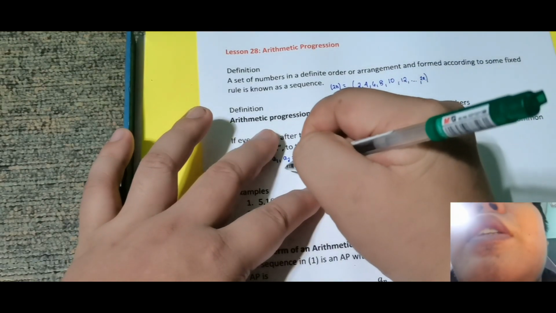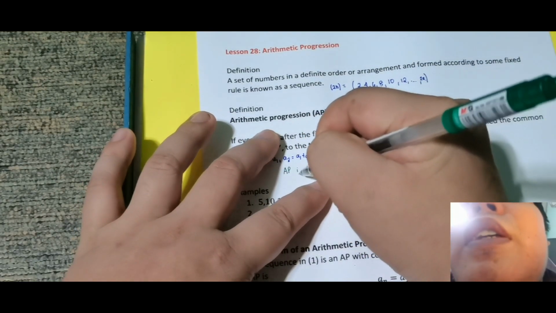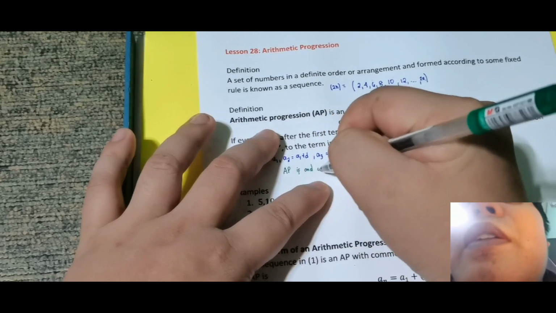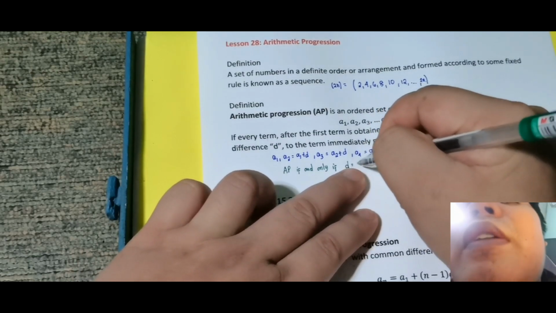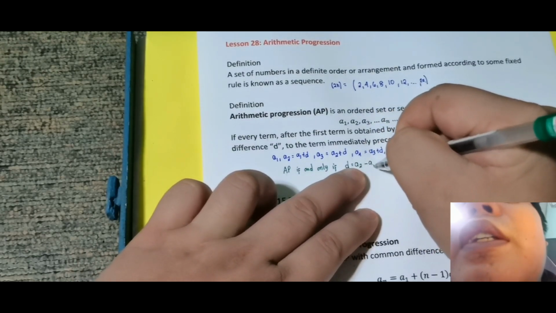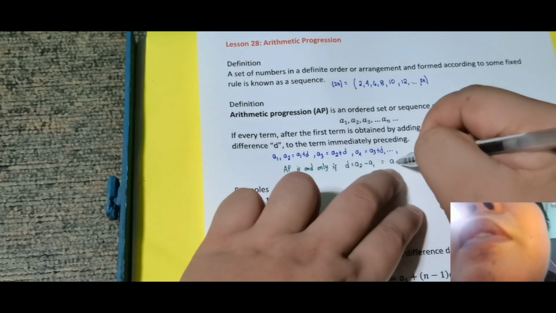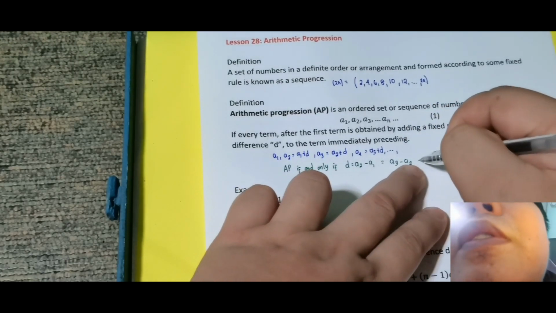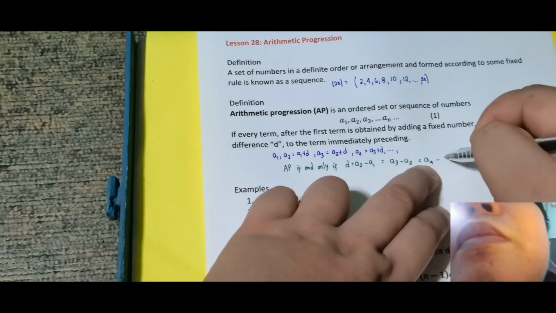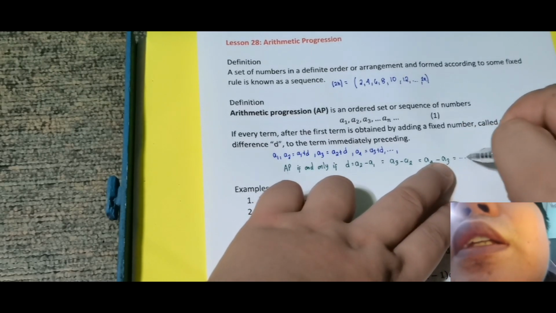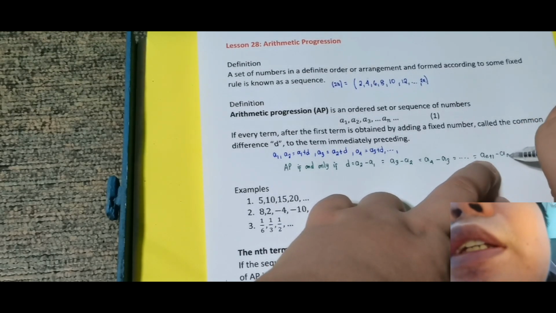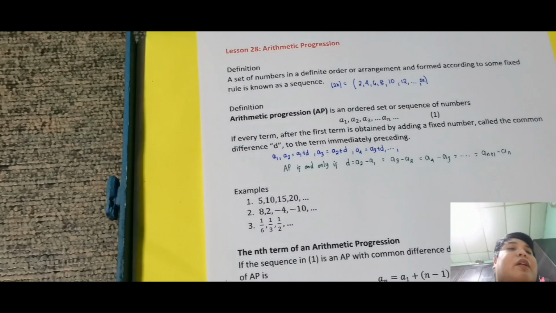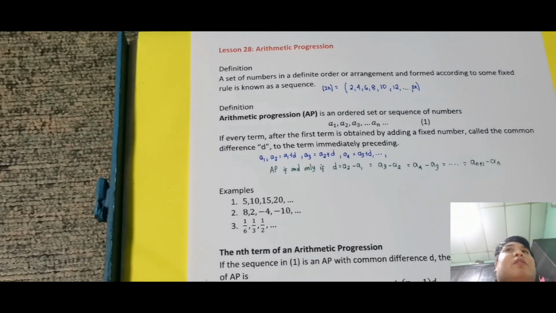So yung sequence is AP if and only if yung d natin is equal sa a sub 2 minus a sub 1, is equal to a sub 3 minus a sub 2, is equal to a sub 4 minus a sub 3, and so on, equal to a sub n plus 1 minus a sub n. Ano ibig sabihin yan? Subtract ko yung second term sa first term, yun yung d.